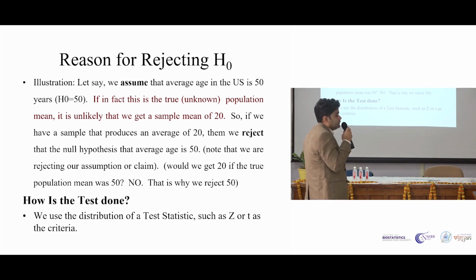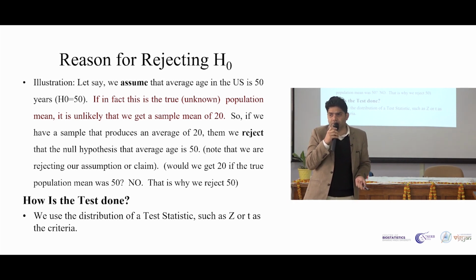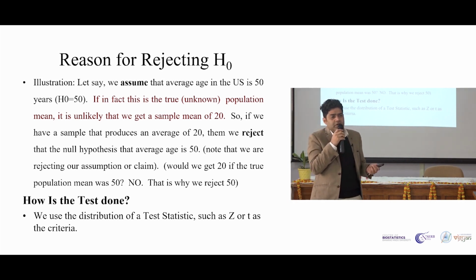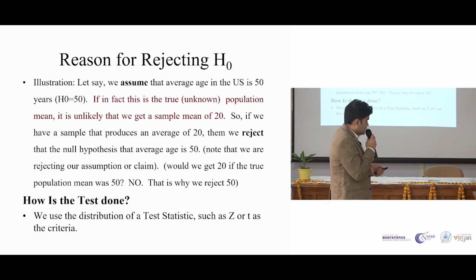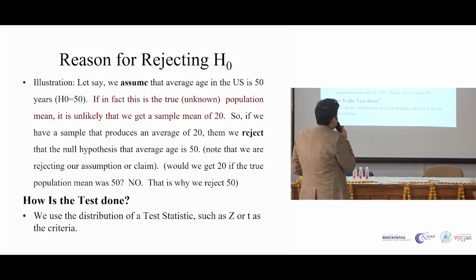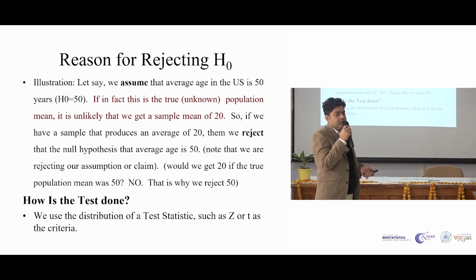Similarly, if you have the count observation, the distribution will change. Okay, so based on your data collection, based on your objective, your distribution will be changing. But the methodology for doing testing of hypothesis will not change. It will remain the same.